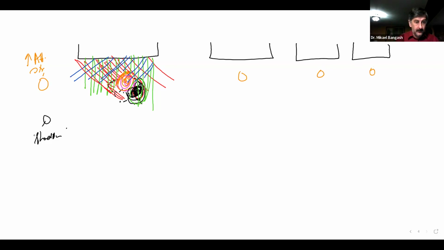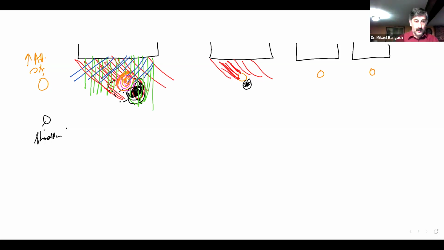Now, if we say the red ones, we will mainly have had a shadow in this area here, because some of these red pulses were not able to pass through the structure because it was highly attenuating.